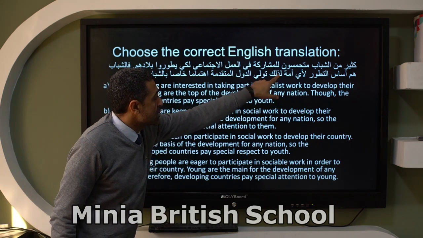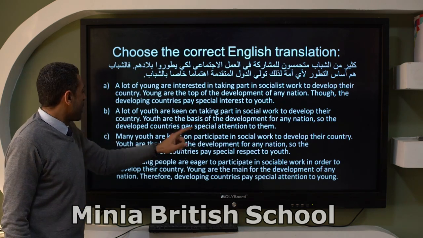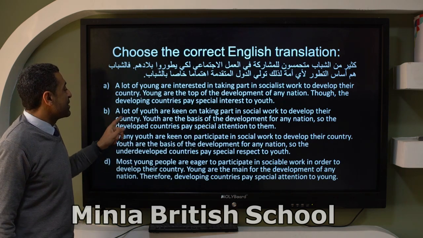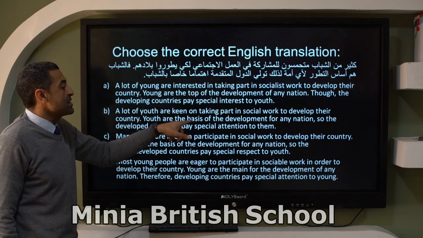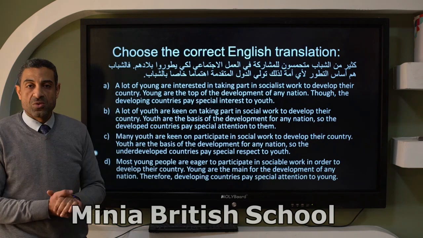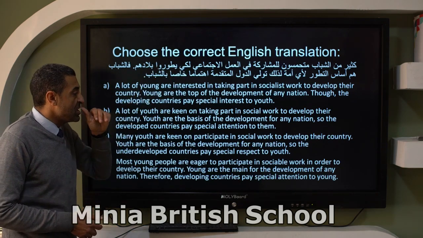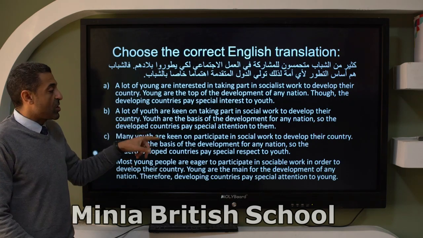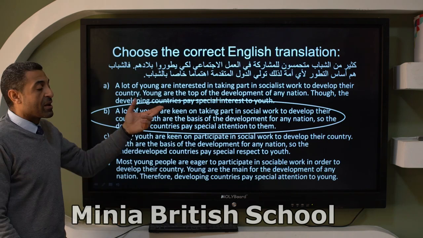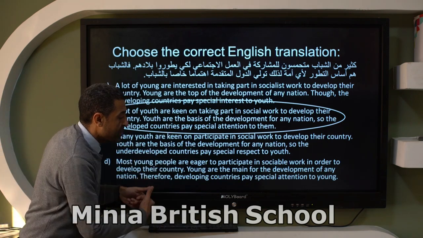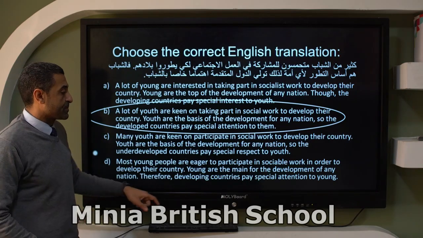Yes, that's true. "So, the developed countries pay special attention to them." Yes, pay special attention to them. So that will be the correct answer. But you have to read the other sentences.